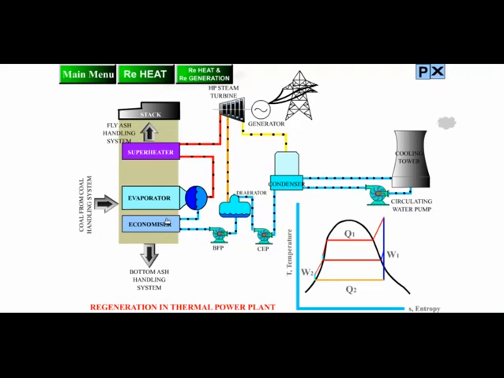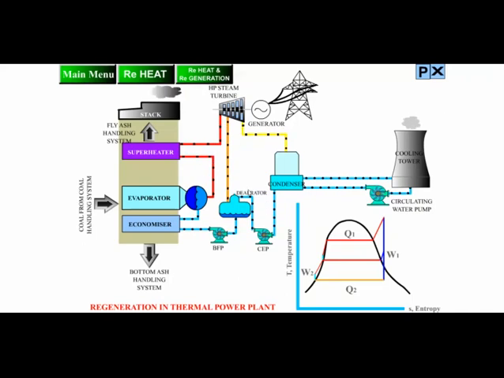After passing through economizer, it goes to boiler, where that steam is separated from the liquid or water. Again it is sent back to the superheater, from where it goes to the HP turbine.